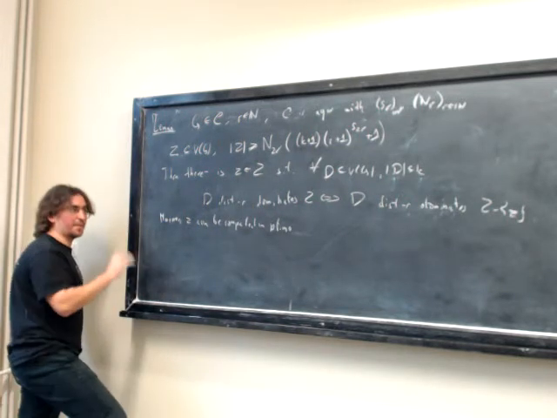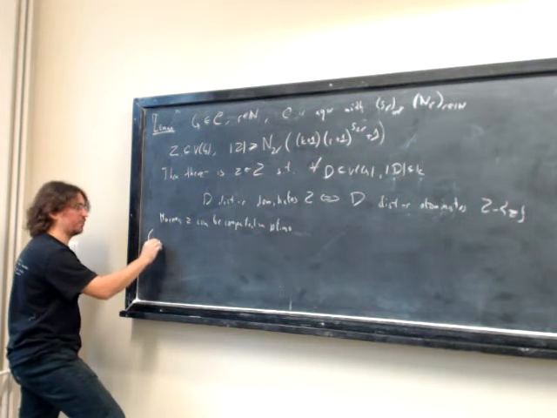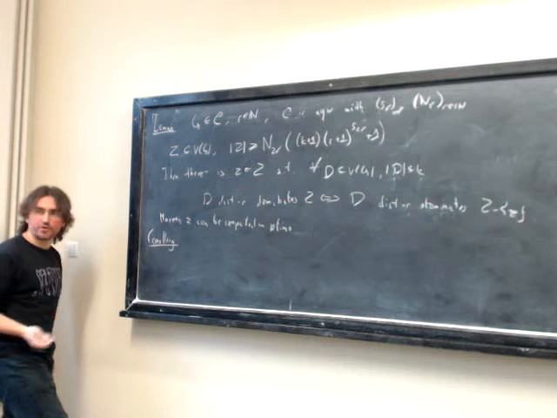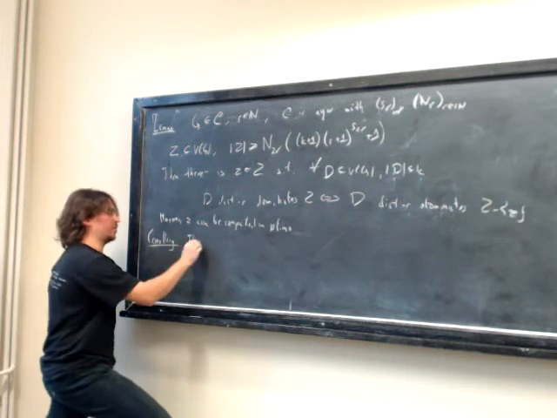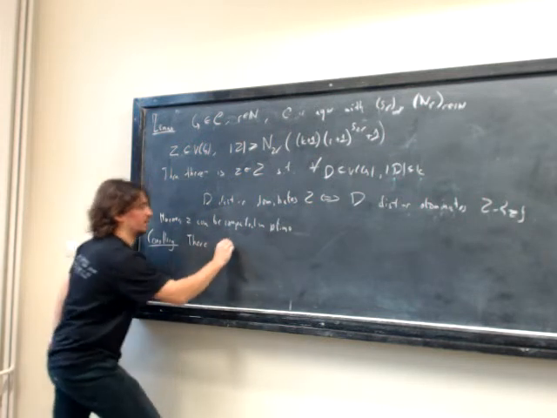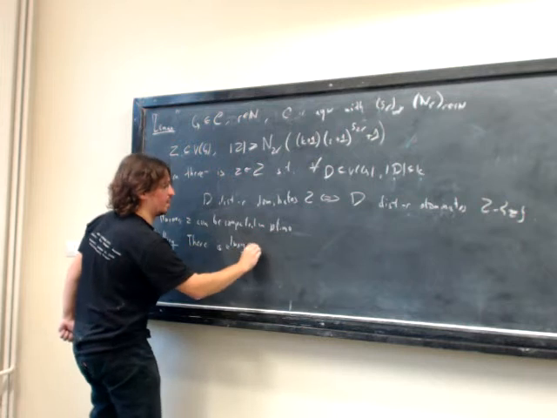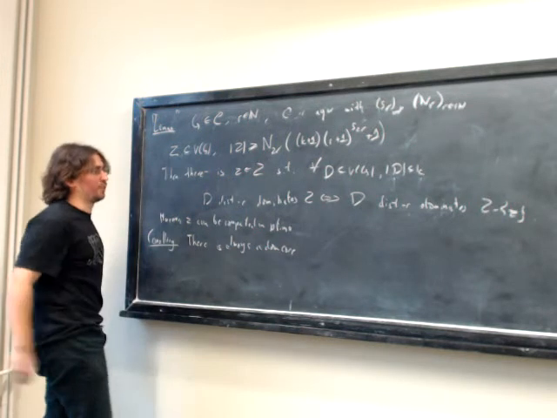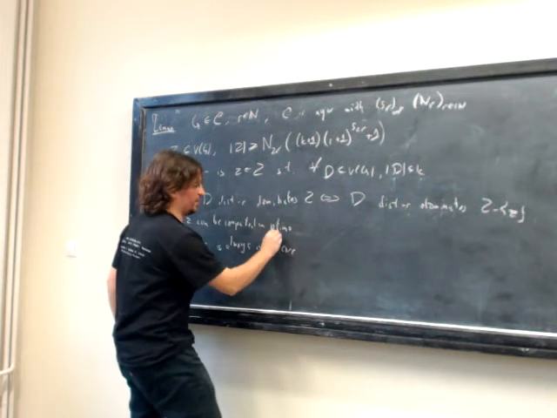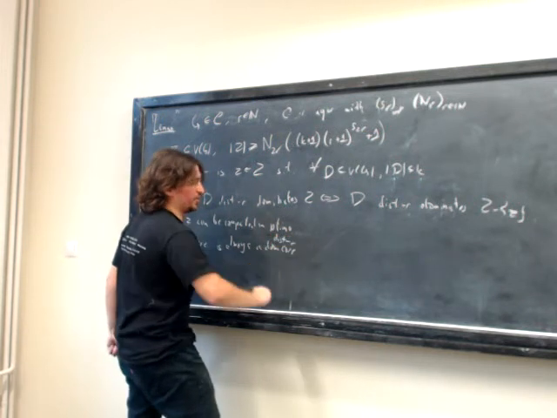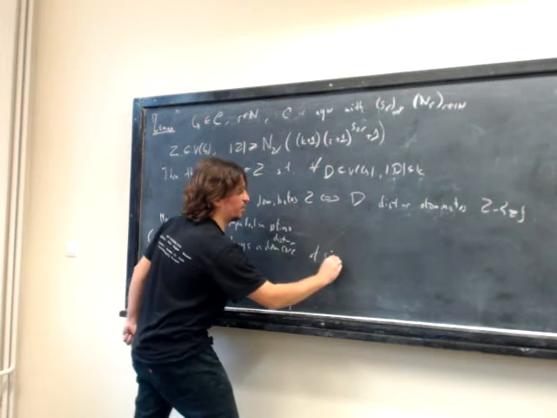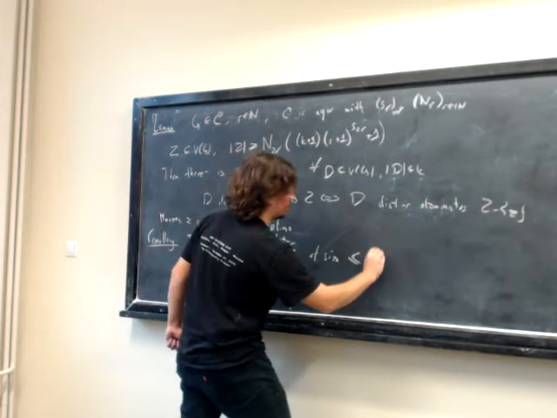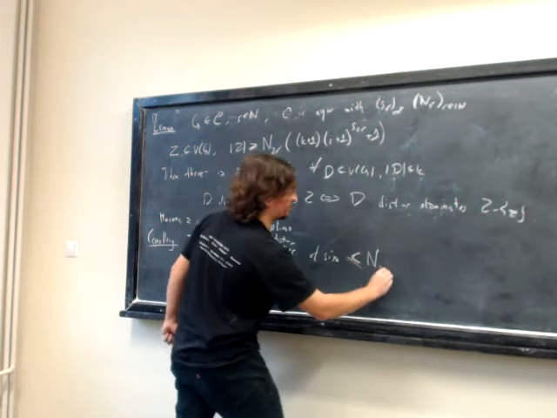So this is a lemma that I will prove, but before proving it, a trivial corollary is that there is always a domination core, under the supposition of this lemma, a distance R domination core of size at most this. Actually, smaller than this.